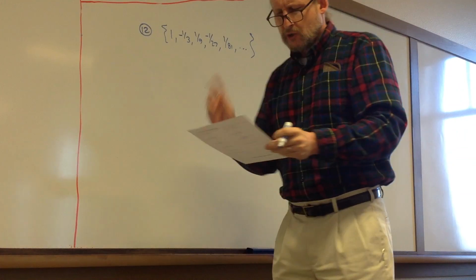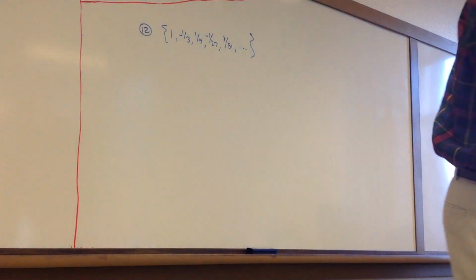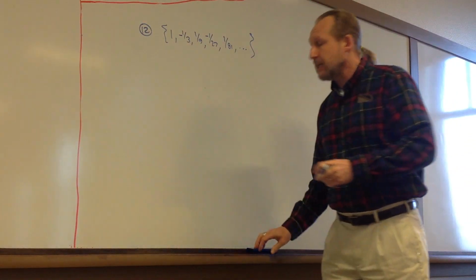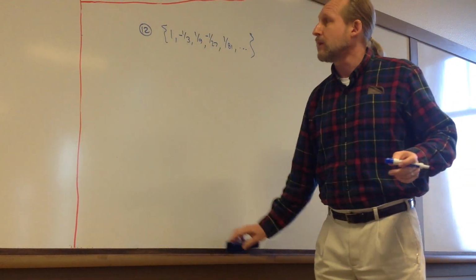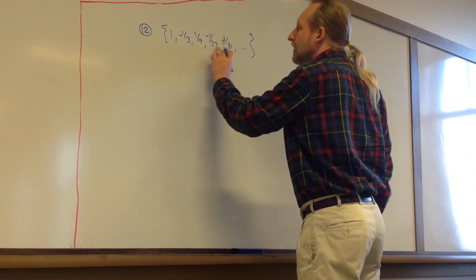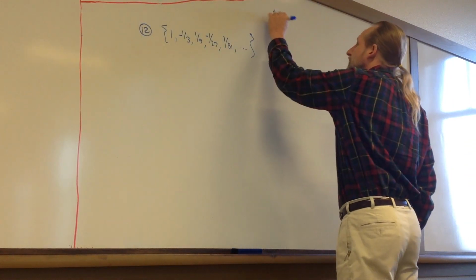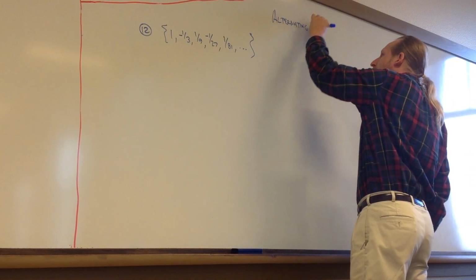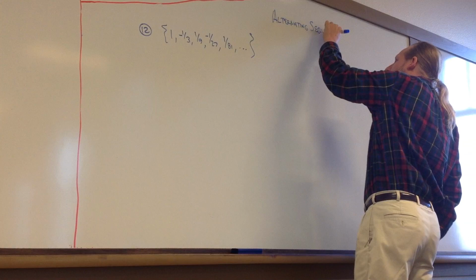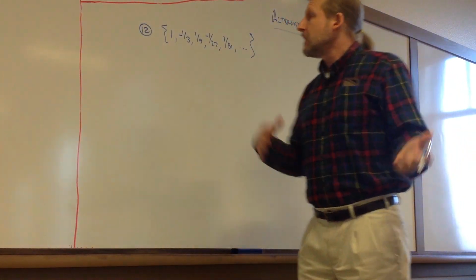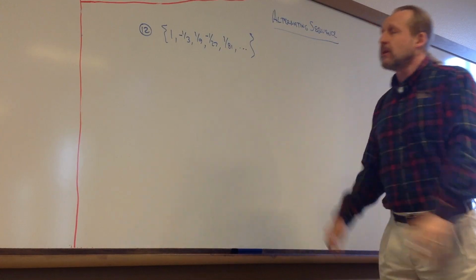Okay, so the first thing that it's important to recognize about this sequence is that it's what's called an alternating sequence. It's bouncing back and forth between positive and negative values. And so that's why I was talking a few minutes ago about having that -1 to the n power or to the n plus 1 power.